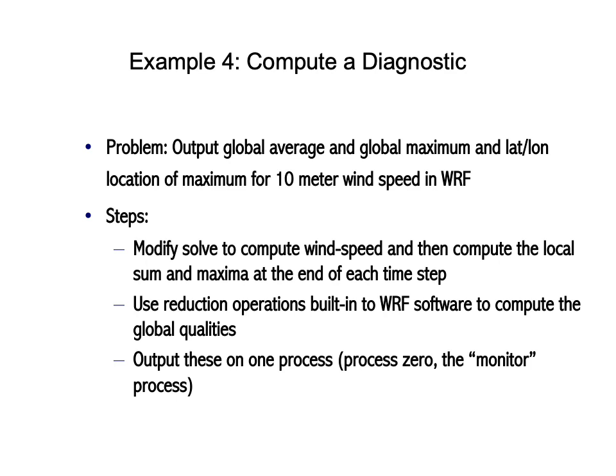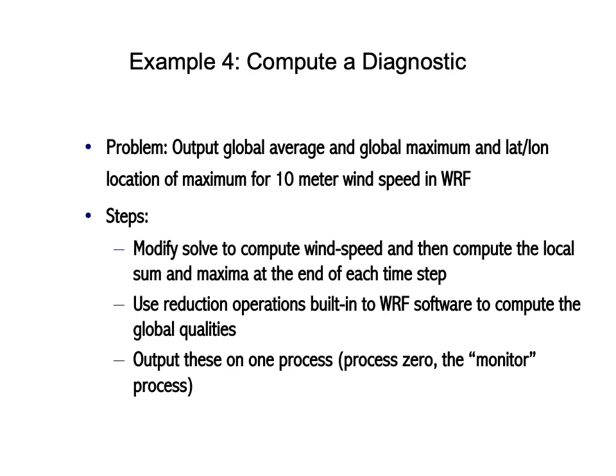So here's an example problem. We would like to compute just a printout diagnostic. The idea is that we will output a domain-wide average of the 10-meter wind speed. Along with that, at every output time, we will output the maximum that appears in our domain, and associated with that maximum value, we would like to know the location.